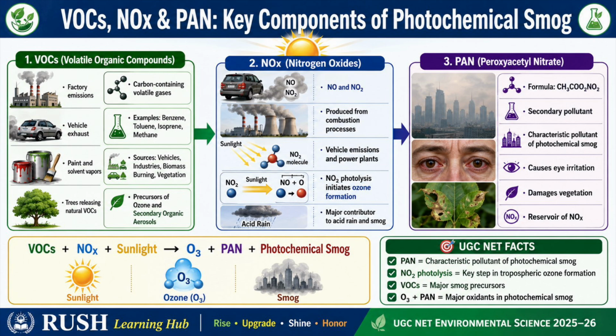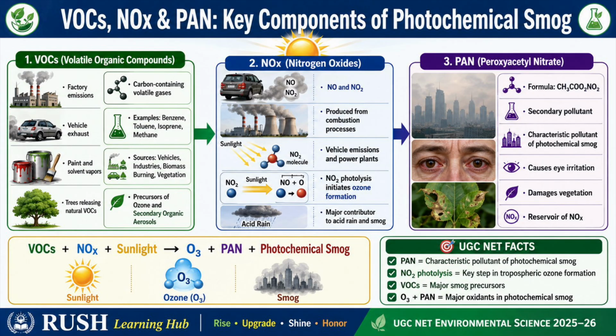When VOCs react with hydroxyl radicals, ozone, and nitrogen oxides, they produce a variety of secondary pollutants. These reactions contribute to the formation of ozone and secondary organic aerosols. For UGC NET examinations, remember, VOCs are major precursors of photochemical smog and secondary organic aerosols.